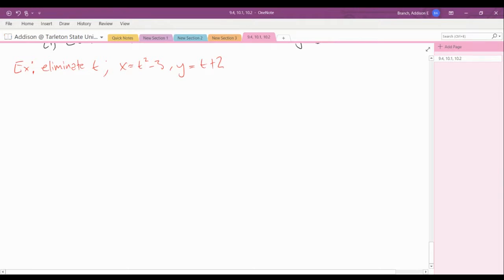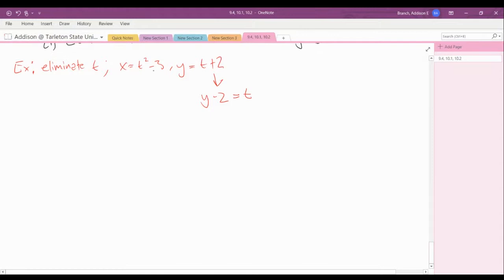All right, so if we look at these, what we want to do is solve for t in one of these. The one that'd be easier to do is y, because t is linear there, and we don't have to deal with solving for positive and negative roots like we would for x. So we can say that y minus 2 is equal to t.